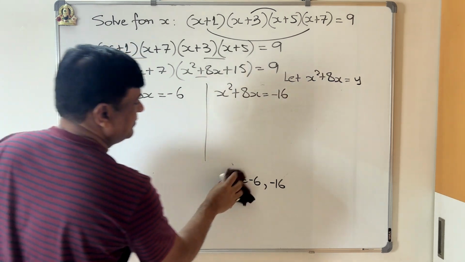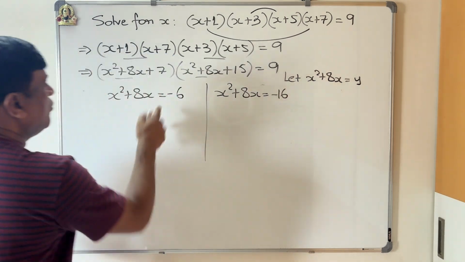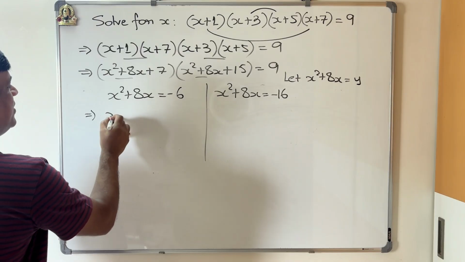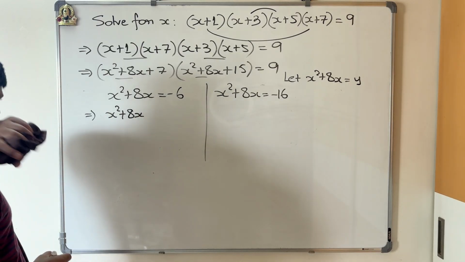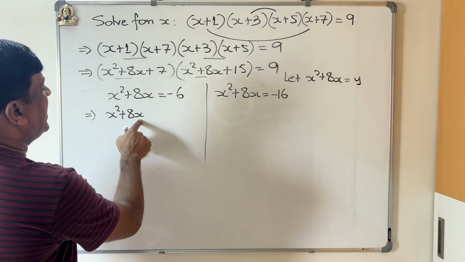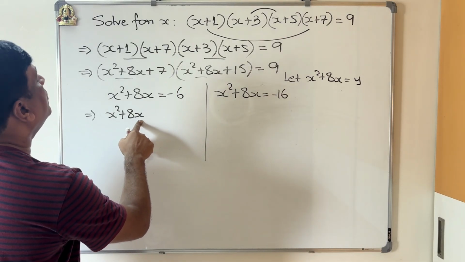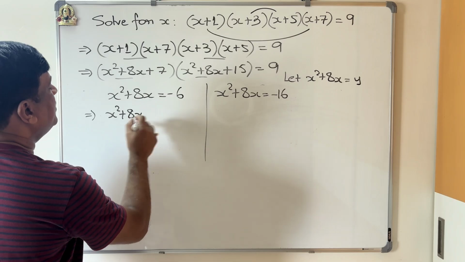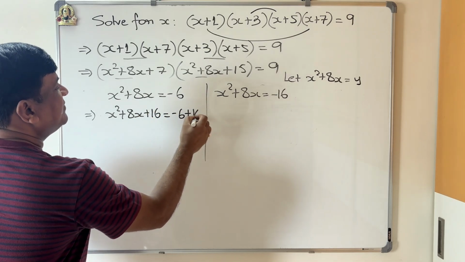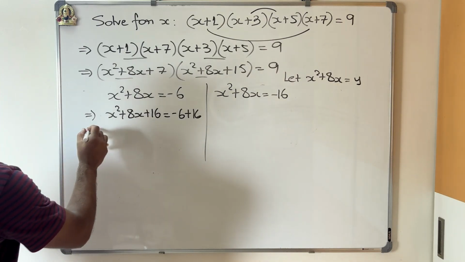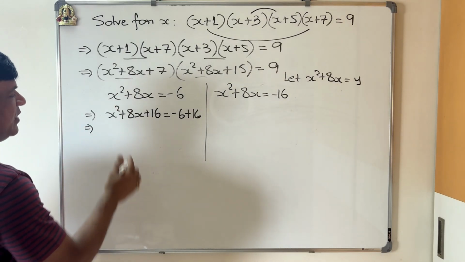That is what you get. Now let's go ahead and solve this one. This is x square plus 8x. What I will do is, this is 8x, so can I make it a square over here? Can I add 16, plus 16? Can I do this, instead of going and solving by a longer method?